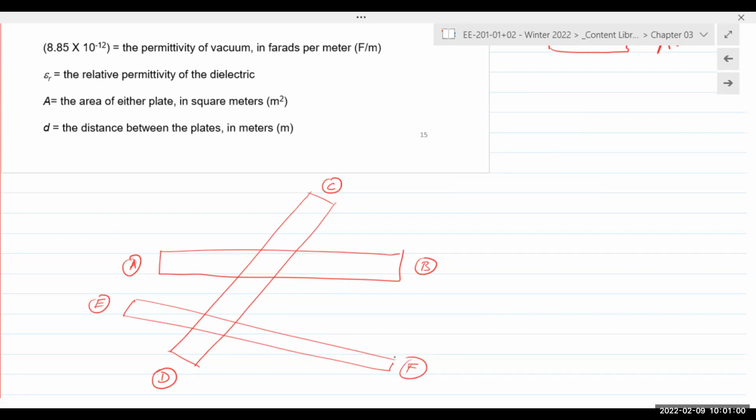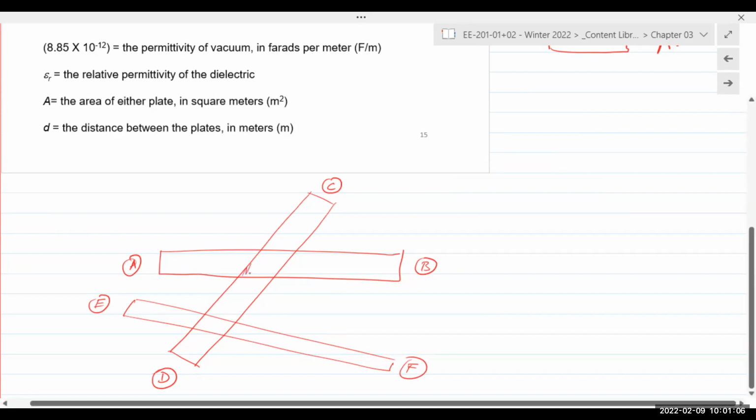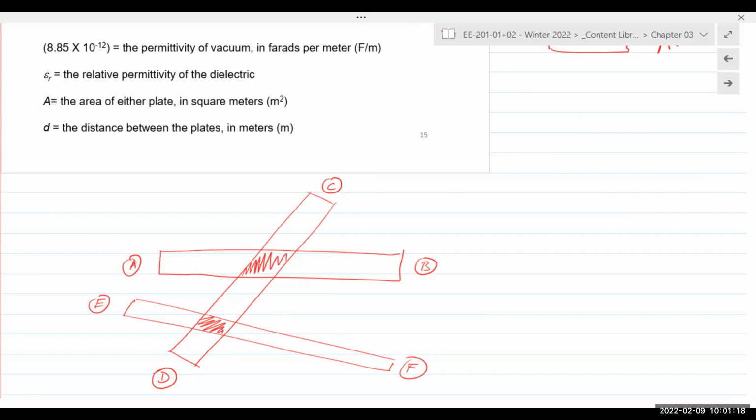When you have an insulating film, guess what? We have capacitances. So there's capacitance every single spot wherever there is overlap. It's very, very small. It's typically measured in picofarads and even femtofarads.